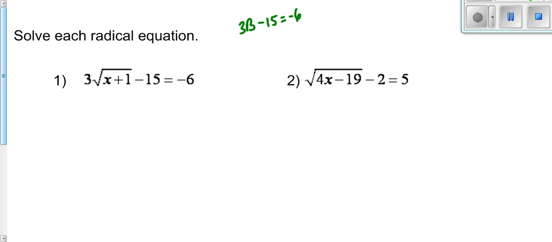Well, we'll do that here too. We'll add 15 to both sides and get 3 times the square root of x plus 1 equals 9.